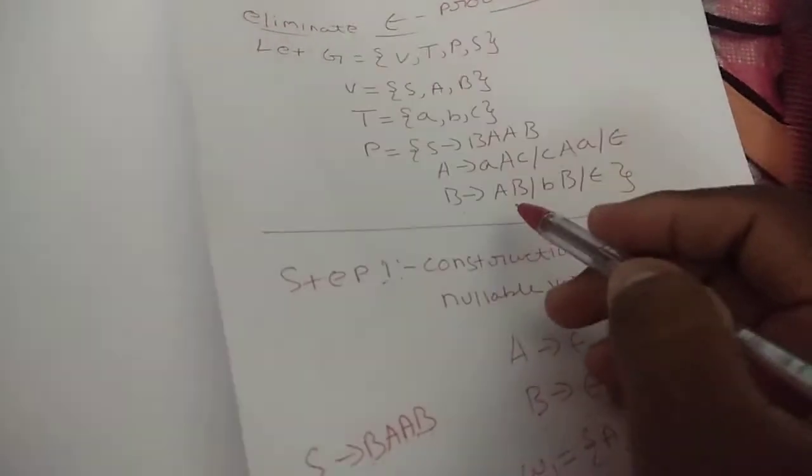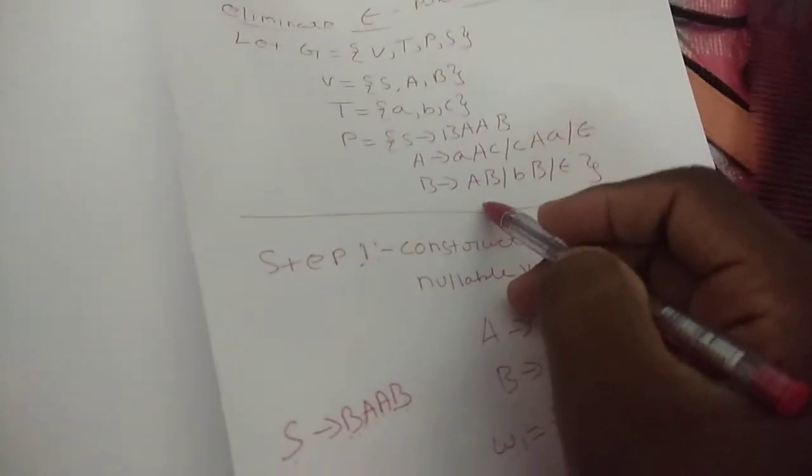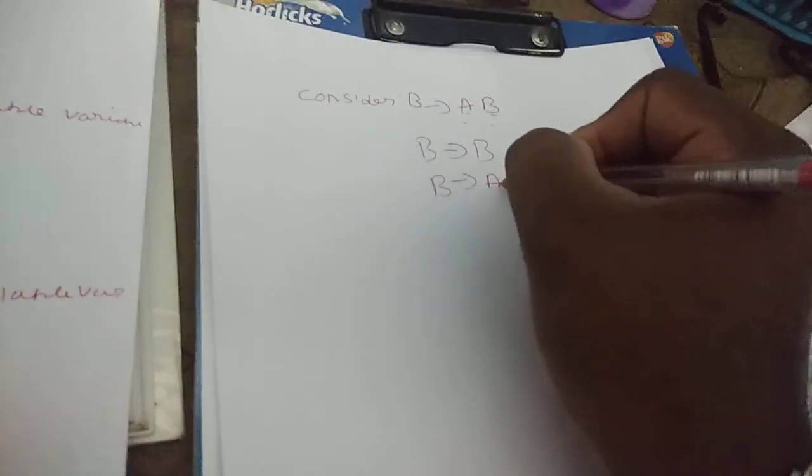We will consider this first transition. As we said that A is also a nullable variable, B is also a nullable variable. If you delete this A, if you insert epsilon for this, you will get B tends to B. Likewise, if you insert epsilon for this B, you will get A.